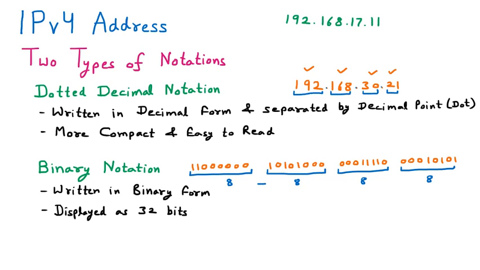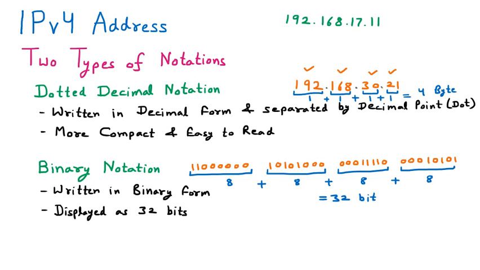If we combine these 8 plus 8 plus 8 plus 8, the result is the 32-bit address. Similarly, in the dotted decimal notation, we have all the octets of 1 byte, so 1 plus 1 plus 1 plus 1 is equal to 4 bytes. And we know that 4 bytes is nothing but 32 bits.